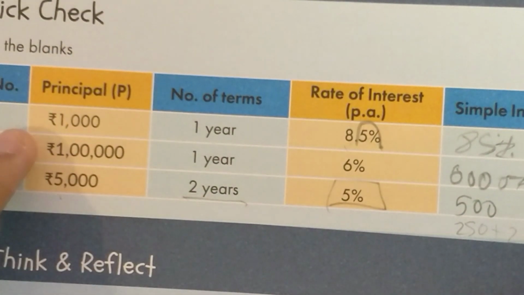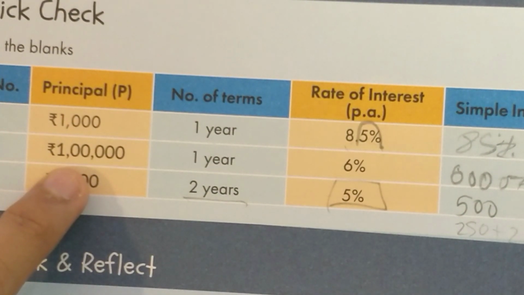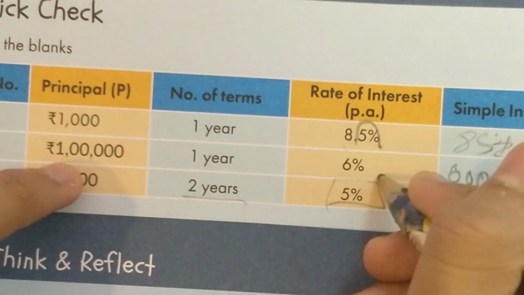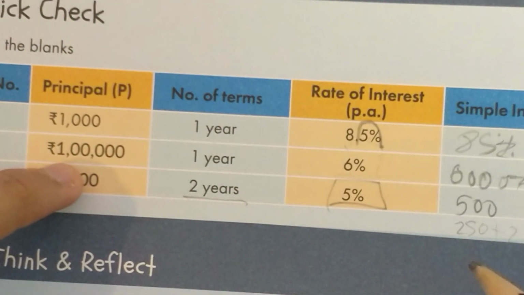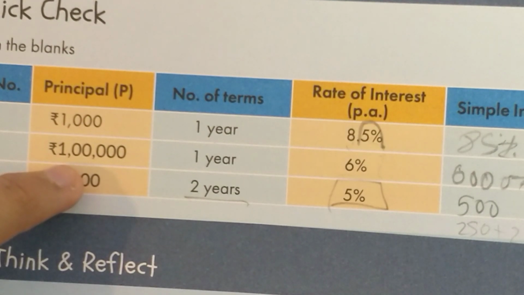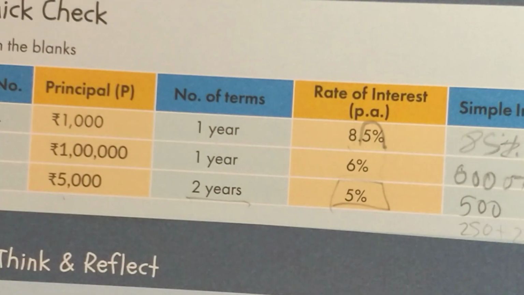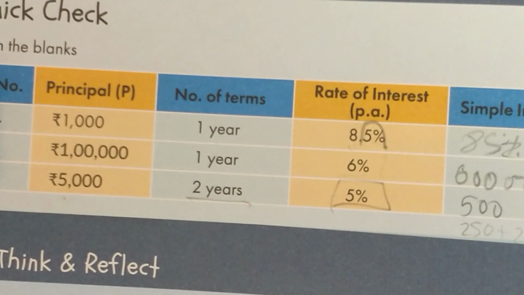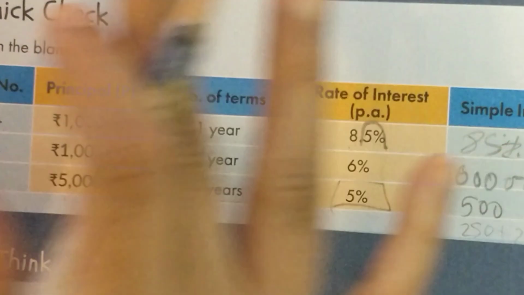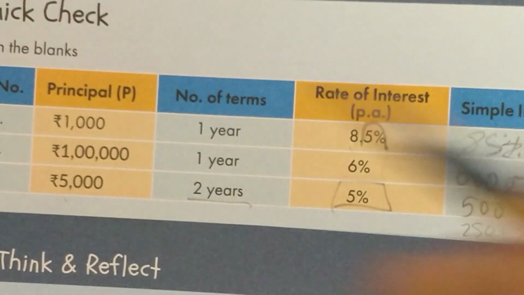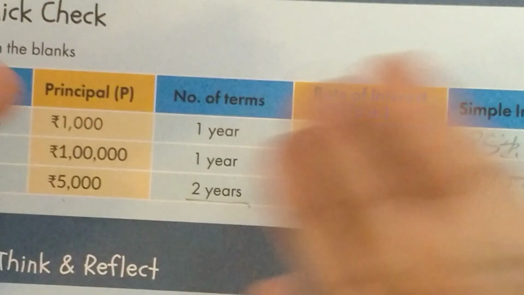That's it. And here there is 1 lakh, and for the 1 lakh, it's 6%. So when it's 1 lakh, you have to make it 1000, and 5000 means 500, 500 means 50. It's just imagination, like the pattern we say.